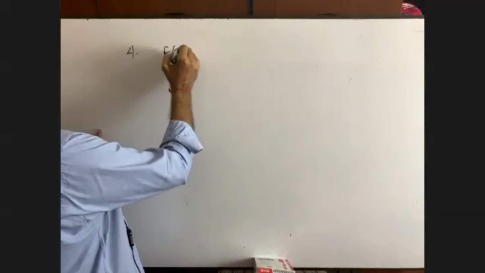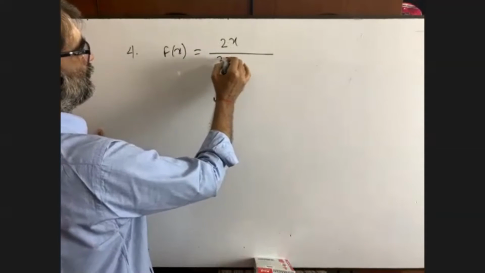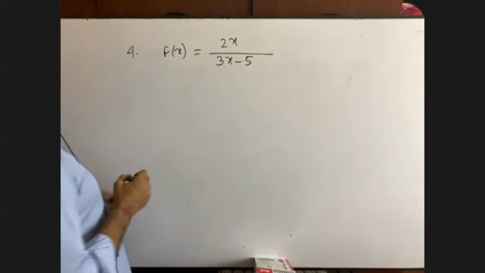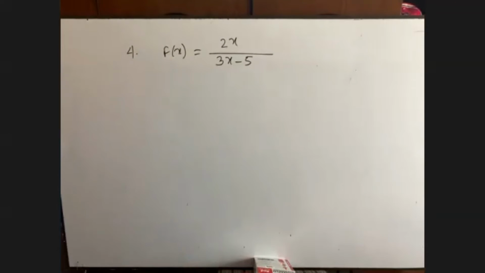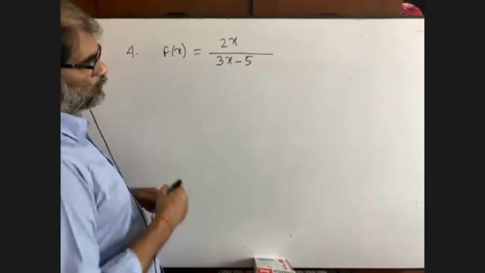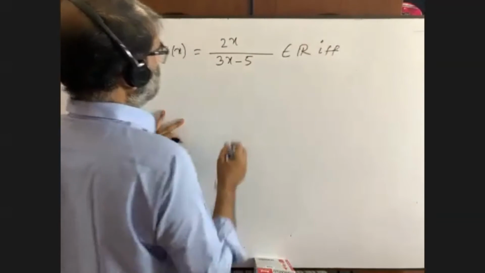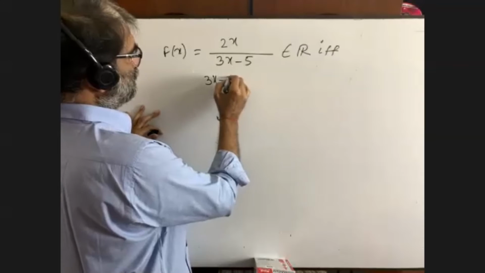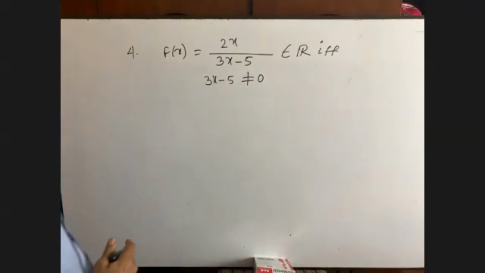Now, suppose another math is given. This is number 4. f(x) is equal to 2x by 3x minus 5. Now, you have to determine whether this given function is a one-one function or not. Can you do this math, please? Let me know. x belongs to R if and only if 3x minus 5 is not equal to 0, a condition on the denominator of a fraction.